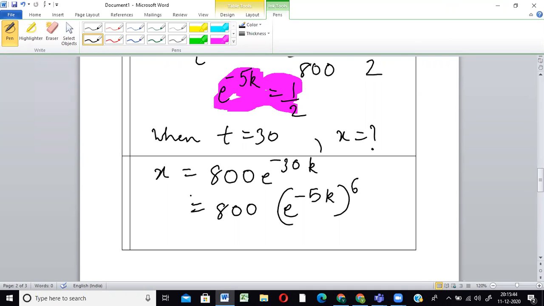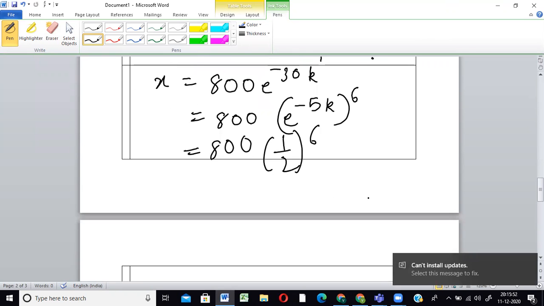Now substituting the value of e raised to minus 5k as half raised to 6. In place of e raised to minus 5k, I wrote it as half, and that entire thing raised to 6 as it is. So this becomes 800 divided by 2 raised to 6. And what is the value of 2 raised to 6? 2 raised to 5 is 32.